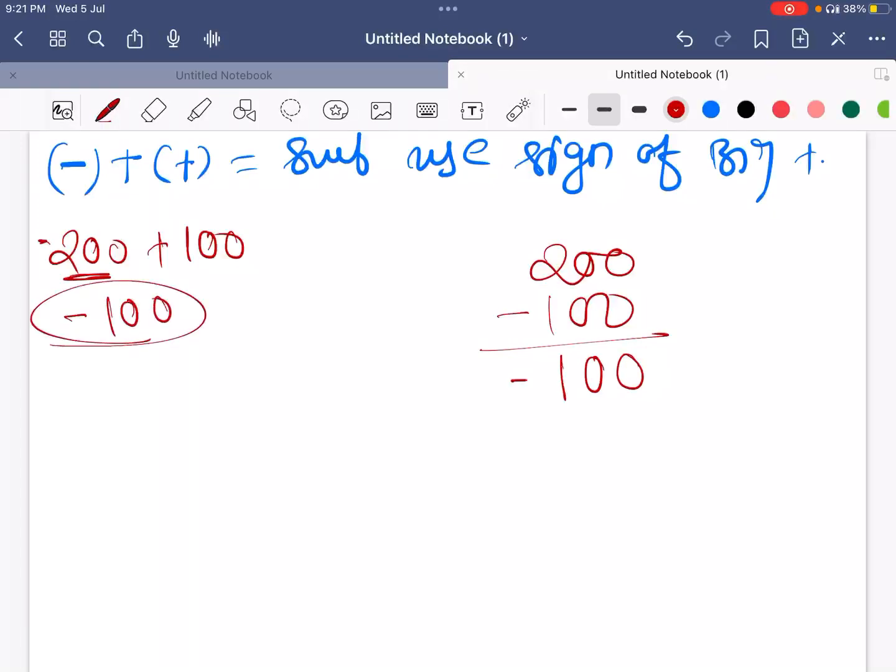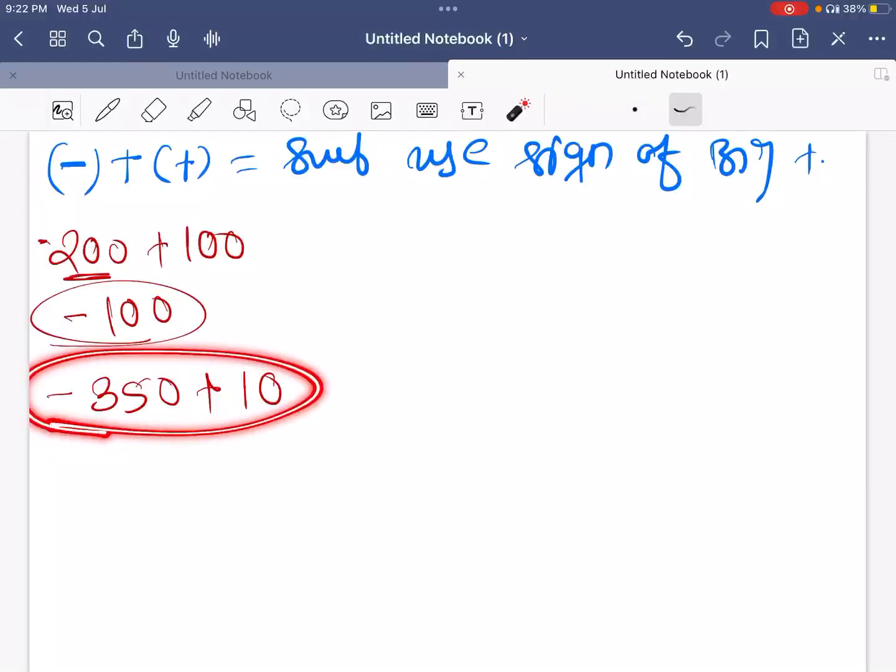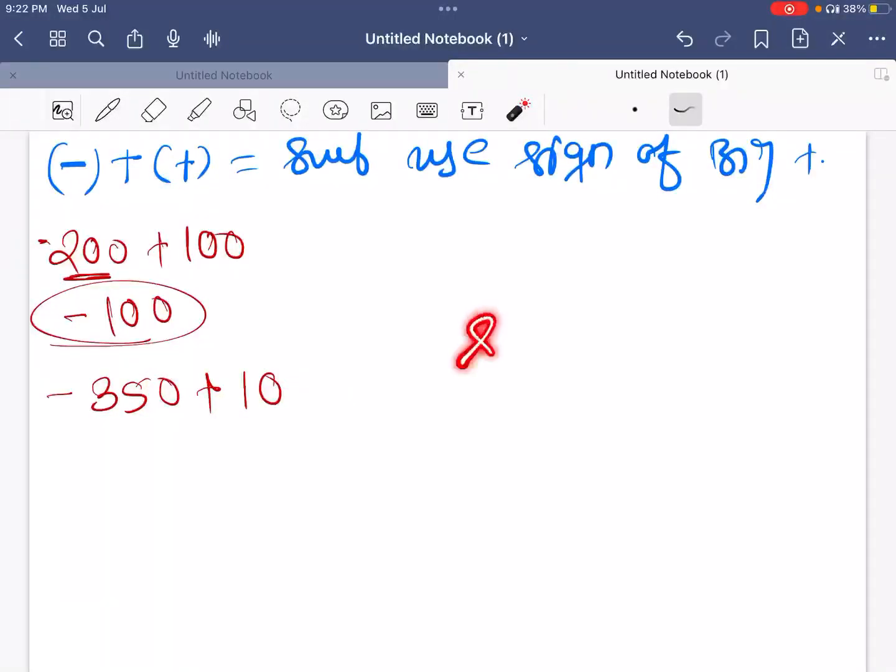Okay. Similarly, just take another example. Minus 350 plus 10. So what is our main task? We have to add these two numbers, but the condition is that one is negative and another one is positive. So as per the previous case, simply subtract the numbers.